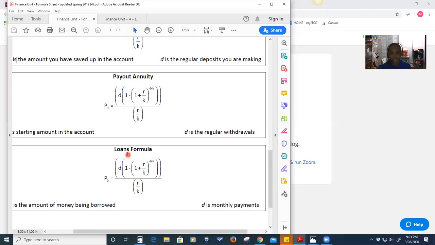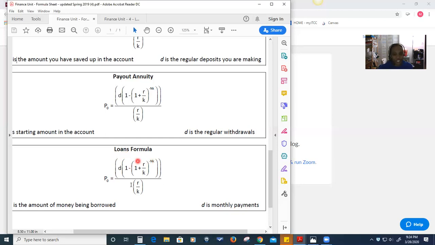If it's a college loan and you're borrowing money, anytime you're borrowing money, okay, and you're doing calculations about how much you can borrow or how much you're paying back per month, you're dealing with the loans formula, okay? There's not a whole lot of guesswork here, okay? So whenever you're taking out a loan, use the loans formula, all right?